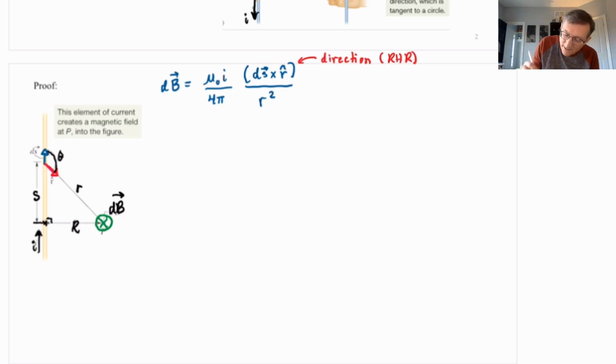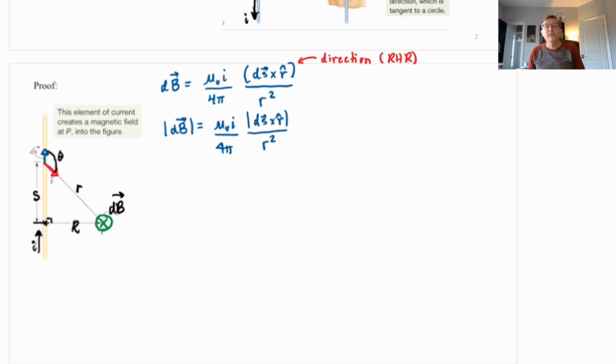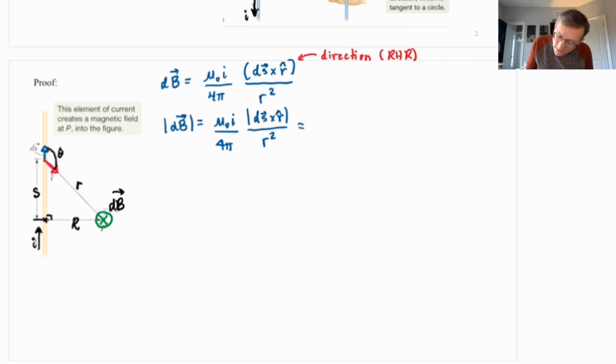Now let's work on getting the magnitude of dB. That's mu0 I over 4 pi. Then I need the magnitude of that cross product, ds cross r hat, all over r squared. Let's just use what we know about cross products. The magnitude of ds cross r hat would be the magnitude of the first vector, I'm just going to denote it as ds, times the magnitude of the second vector.